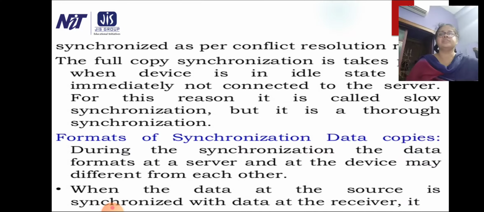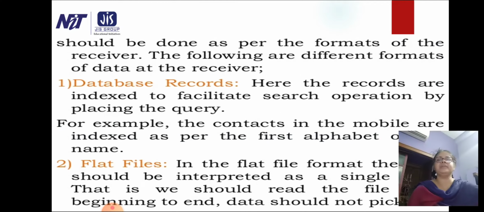Formats of synchronization data copies. During synchronization, the data format at a server and at the device may differ from each other. When the data at the source is synchronized with data at the receiver, it should be done as per the formats of the receiver.